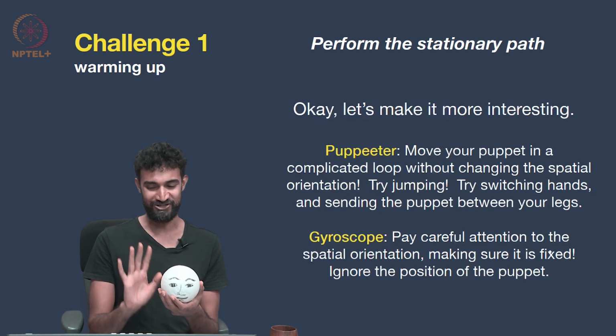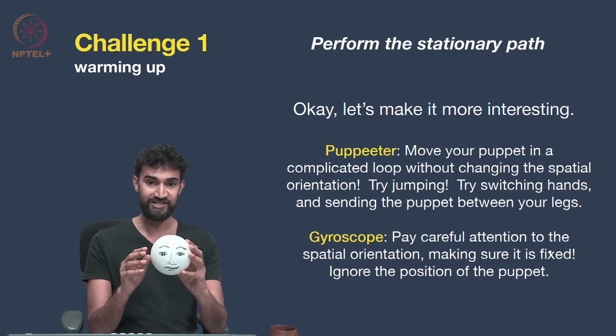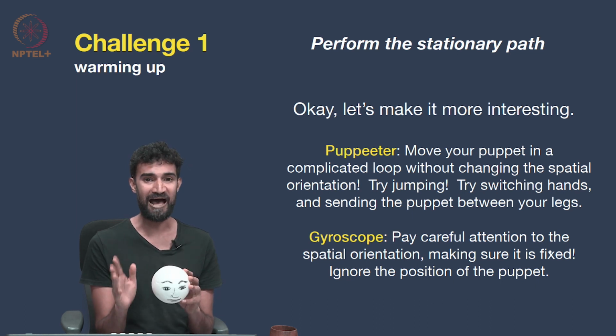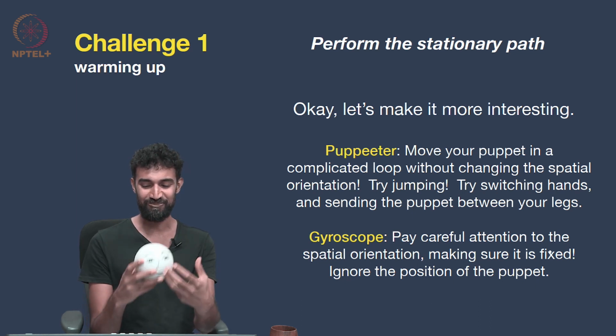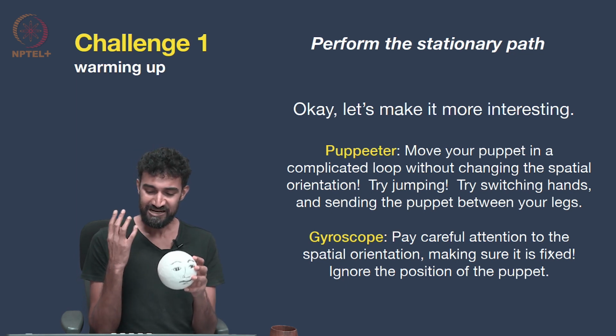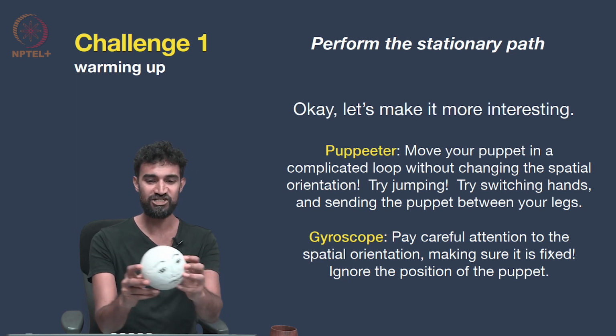Okay, this challenge was a little bit boring. Let's make it a little bit more interesting. So remember that all that matters is the orientation, not the position. So puppeteer, perform a stationary path, but do it with a more interesting physical path in space. Do a complicated path which never changes the spatial orientation, but feel free to change the position.